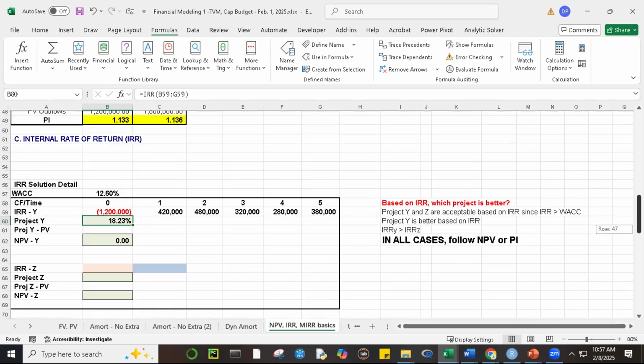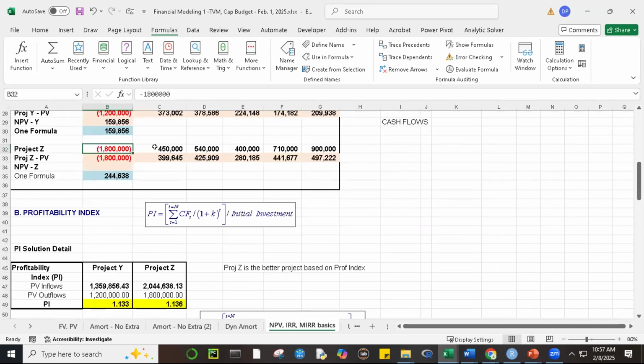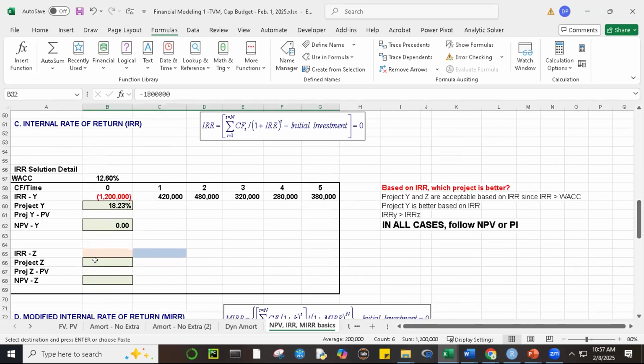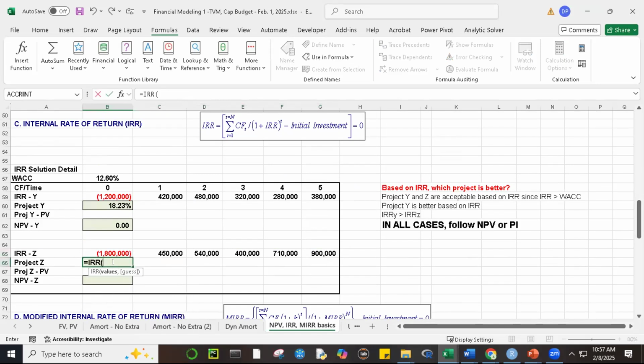So I said here, project Y and project Z are... we haven't done project Z. Let's do project Z. I'm going to copy this cash flow here, Control C, Control V, and I'm going to get its IRR. IRR, values. Close, Control Enter. 17.39%.